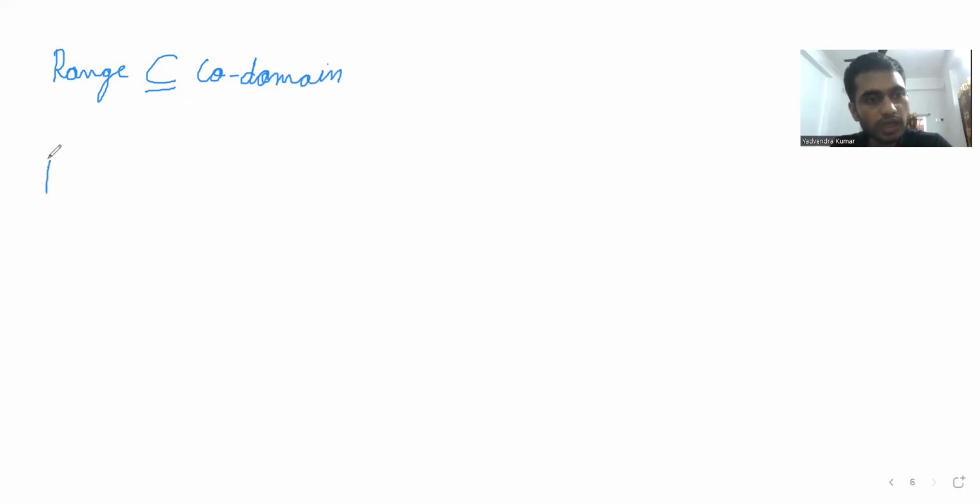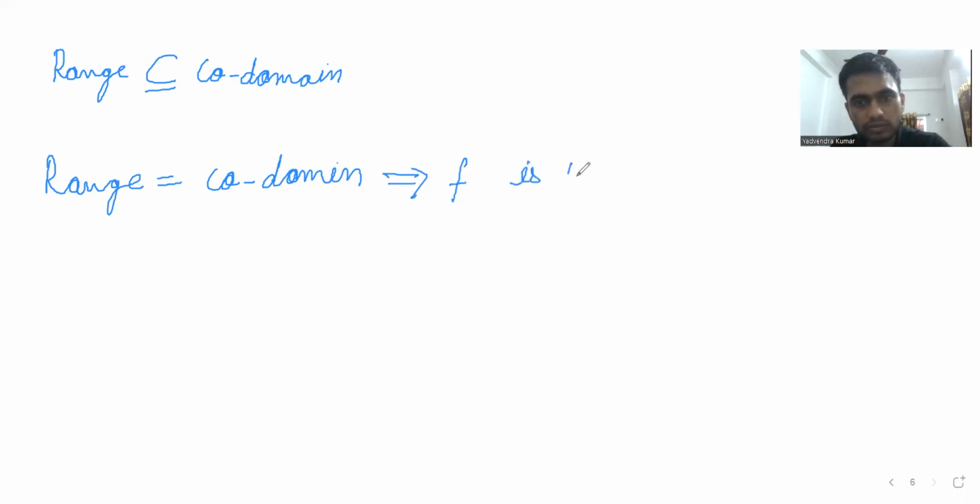And if range is equal to codomain, this implies the function f is onto. Because what is our range? Range is the collection of all used elements.